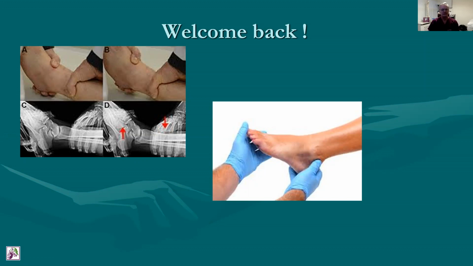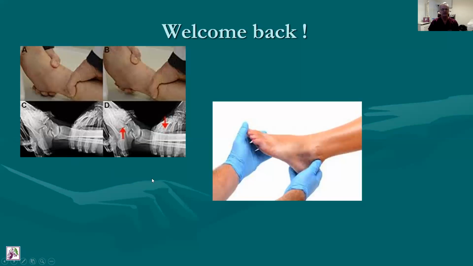Just as a matter of interest, on the first slide, you'll see a demonstration of the anterior draw test used for assessing ankle instability, particularly in patients with deficiency of the anterior talofibular ligament. If you look at the X-ray on the left side, the talus is sitting nicely under the tibia, and when the draw is applied, a posterior force is applied to the tibia, an anterior force applied to the foot and the talus, then the talus is now sitting anterior of the fibula.